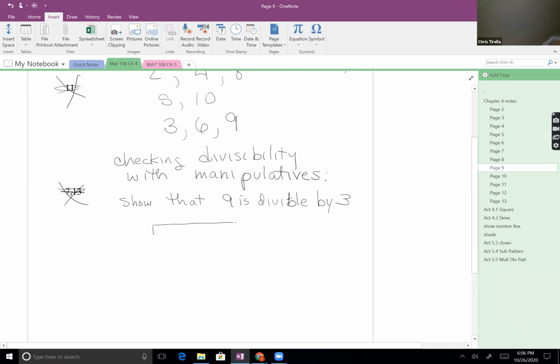What I could do is take my 9 rod and then show that if I lined it up, it would match up exactly with 3 blocks of 3. So this would be the strip for the number 9, and we could show that it's equal to 3 of the number 3.